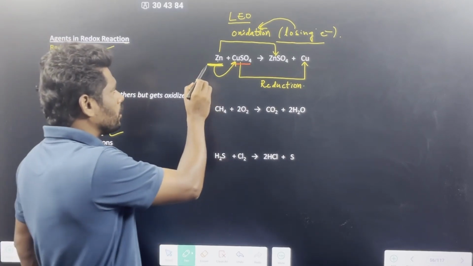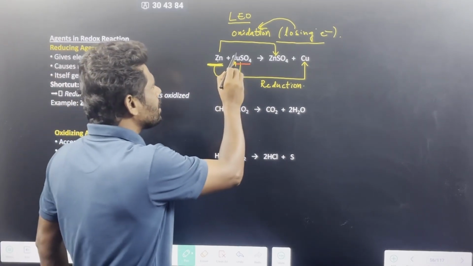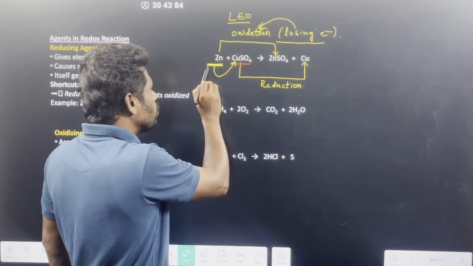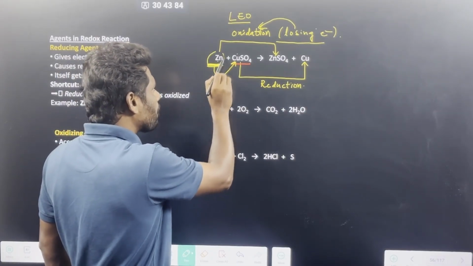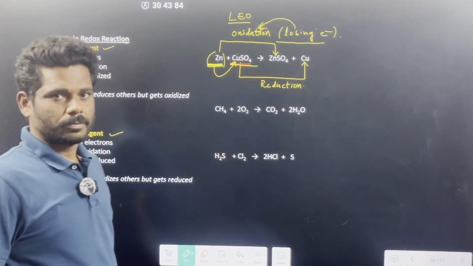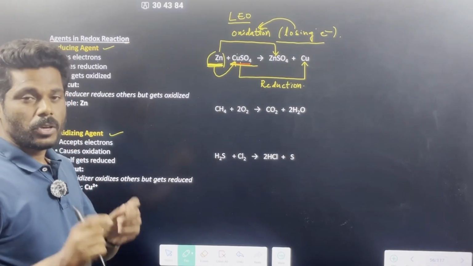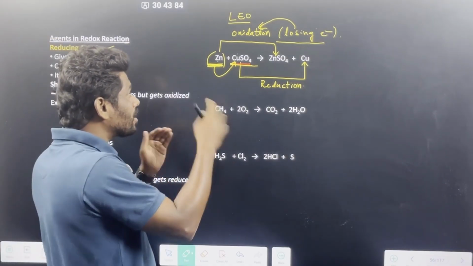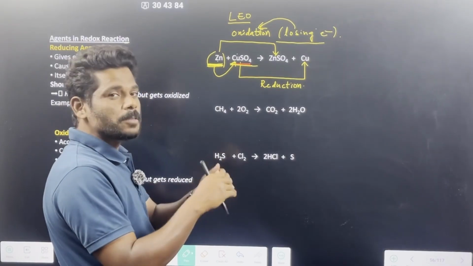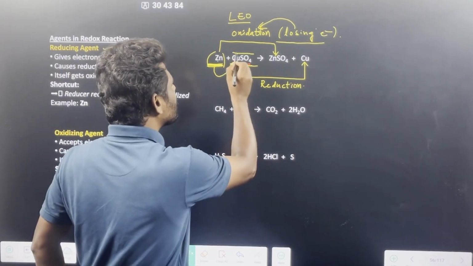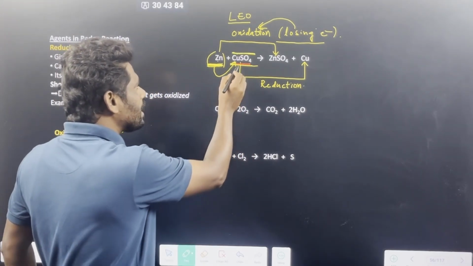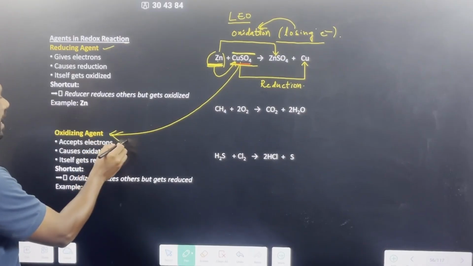Losing of electrons by the zinc happened in the presence of copper, since copper is gaining the electrons. So the oxidation of zinc has been done in the presence of copper sulfate. That's why here copper sulfate is called the oxidizing agent.